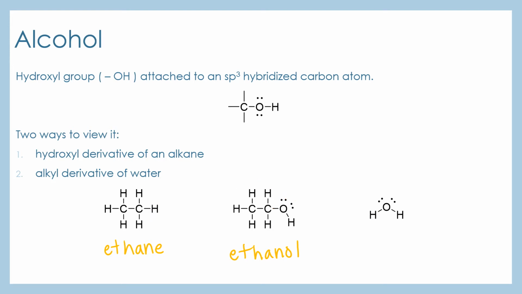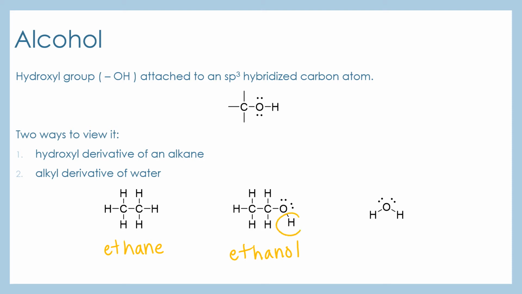And the reason that I'm drawing these connections is that ethanol has a lot in common with water. The OH group is going to be acidic. This proton is acidic, and the oxygen with its 2 lone pairs can also act as a Lewis base. And we're going to talk about acids and bases a lot in chapter 3, but that has that in common with water.